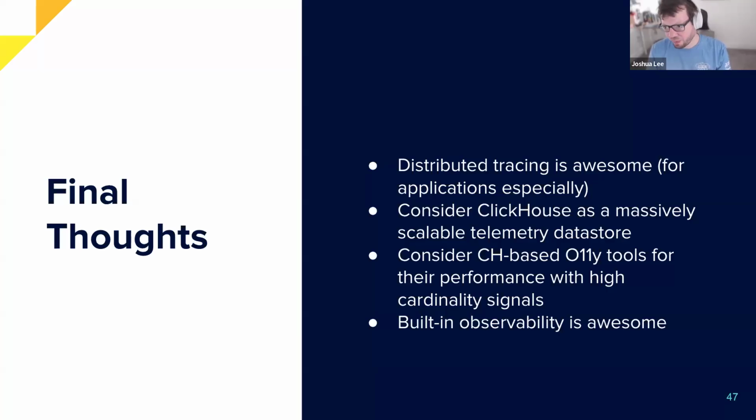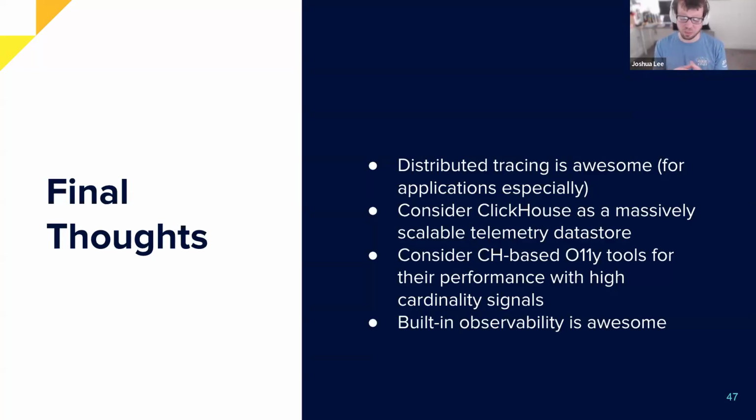Right, so final thoughts. I've kind of said this already: all of this stuff is just awesome. Distributed tracing is awesome, especially for understanding applications. For us, ClickHouse is an application. For you, it might not be; it's just part of your infrastructure. But distributed tracing is awesome for understanding your applications. You might want to consider ClickHouse as a massively scalable telemetry data store if you are doing DIY observability at your organization.